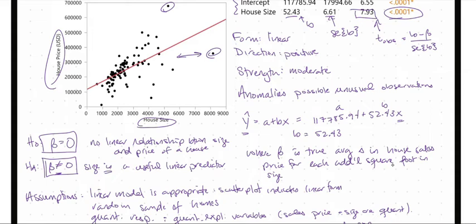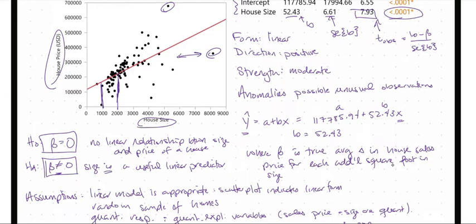Now most homes don't differ by only about 1 square foot. Most homes differ by maybe 1,000 square feet. So if we were to compare a house that is here at 1,000 square feet and another house that's here at 2,000 square feet, that difference would be $5,200 on average in terms of price. And that makes sense.